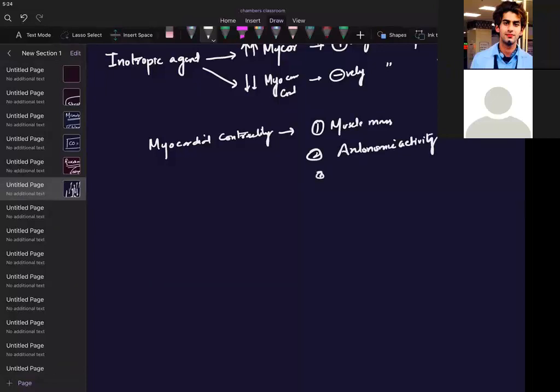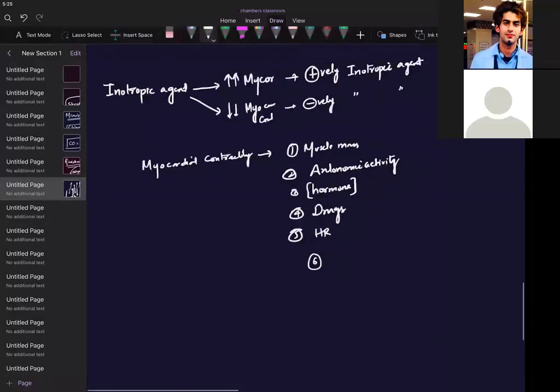Third, hormone levels or hormone concentration. Number four, drugs. Number five, heart rate. And also other humoral substances in the blood.